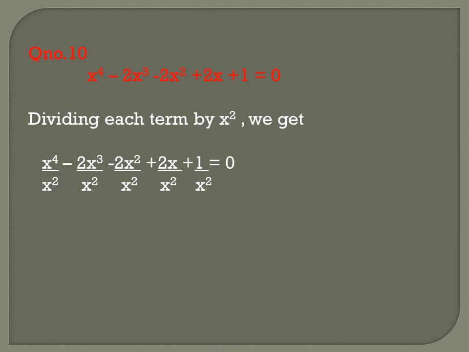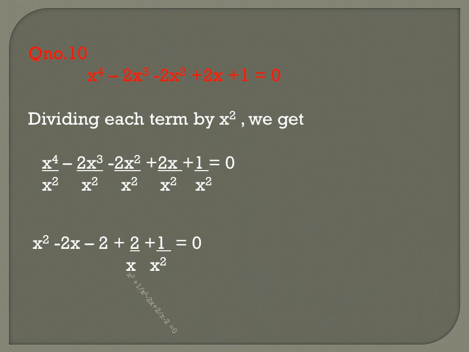Here each term of this equation is divided by x square. By simplifying, we can get the next equation, x square minus 2x minus 2 plus 2 over x plus 1 over x square is equal to 0.